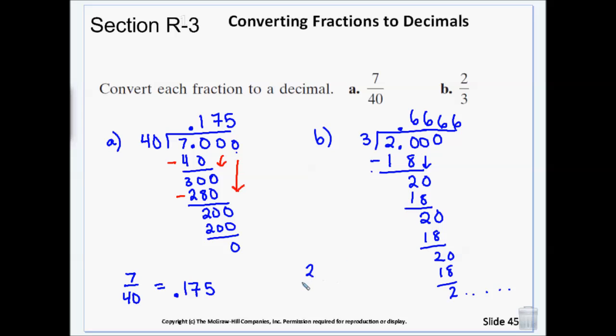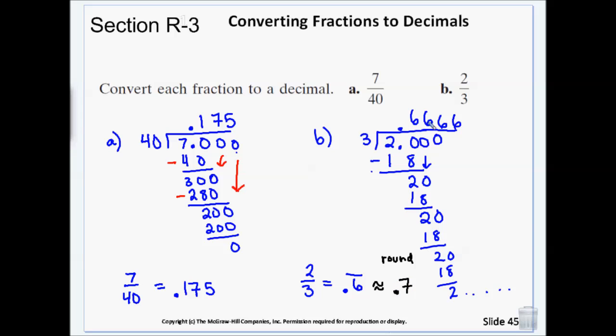So 2/3 is going to be equivalent to 0.6 with a bar over it. That is the exact, perfect answer. If you're asked to round, it is approximately, this is the symbol for approximately, 0.7.